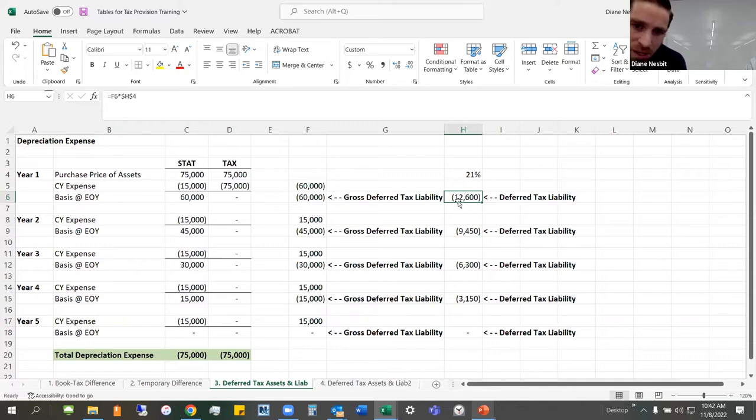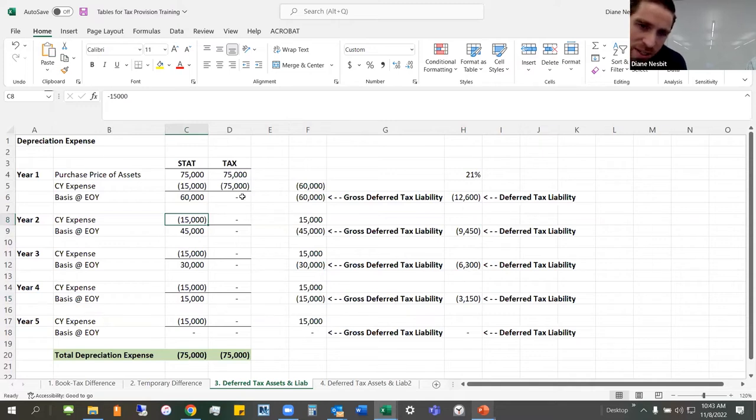And so you see, as the life of the asset goes on and book starts recording that depreciation, this gross deferred tax liability, which again just represents the difference in the basis of the asset between book and tax, continues to decrease, and our deferred tax liability continues to go down, because we're recognizing some of the liability now and we have less to recognize in the future.